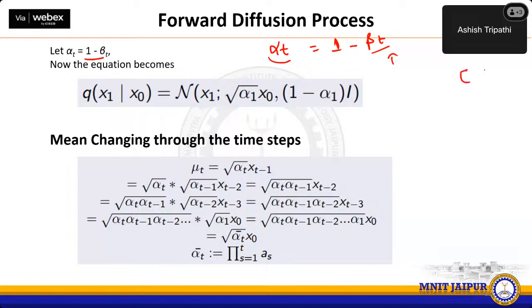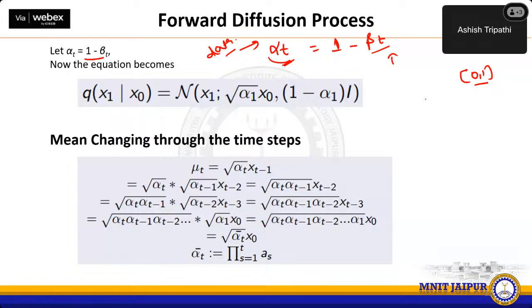I have just normalized my data from 0 to 1, if I'm talking about the probability distribution kind of thing. So in that case, alpha t will represent the amount of data, or the amount of information, that we have in my original image.